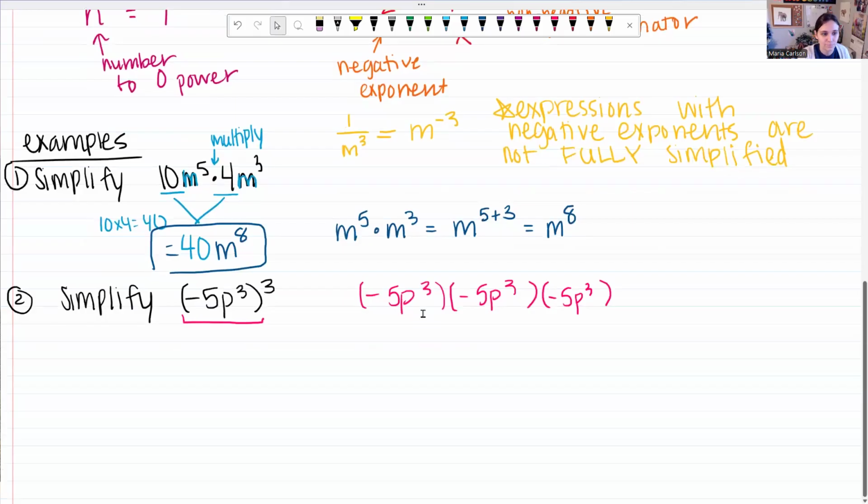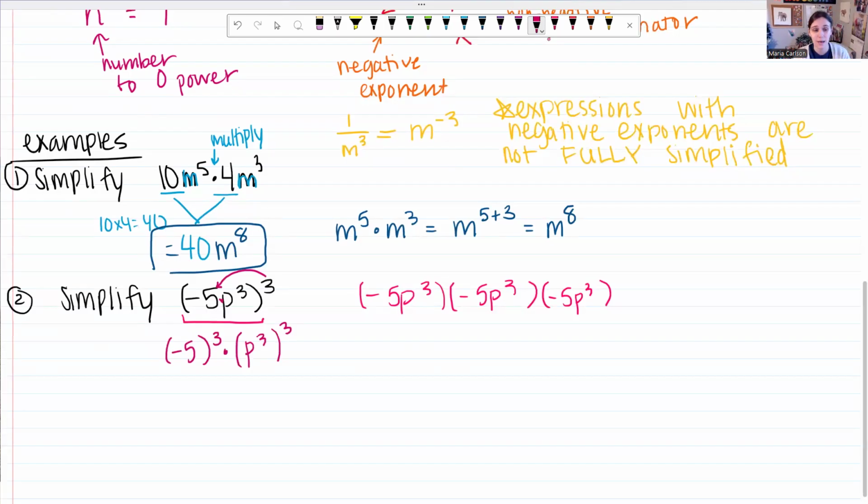So in my opinion, it's a little bit easier to use the power to a power rule. We have this exponent to an exponent. The question is, what do I have to do to this negative 5? Since it is negative 5 times p cubed, it's not plus or minus, this power of 3 is simply going to be attached to the negative 5. So this is really like negative 5 to the 3rd power times p to the 3rd power to the 3rd power.